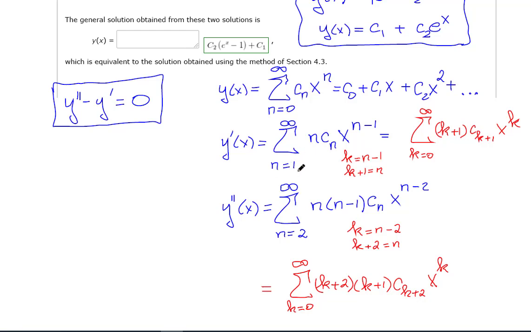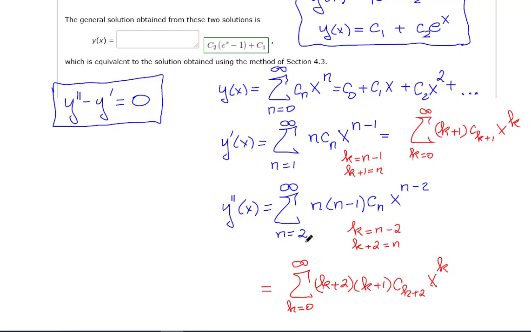So the index would start at 1. The second derivative, I get another exponent to come in the front. We would drop the exponent by 1. Again, the first term would be 0, so the index would start at 2.